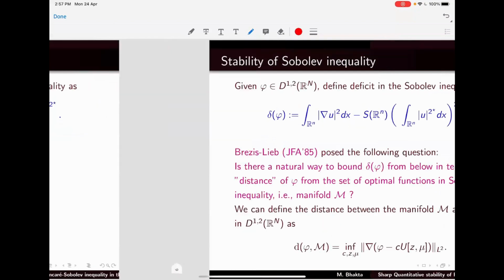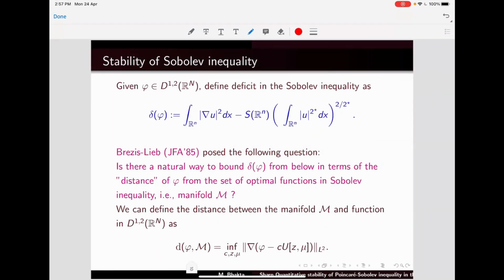Now, in 1985, Brezis and Lieb posed this question: can we bound this deficit functional from below by the distance function of U from the manifold M? M is the set of all extremal functions for the Sobolev inequality.